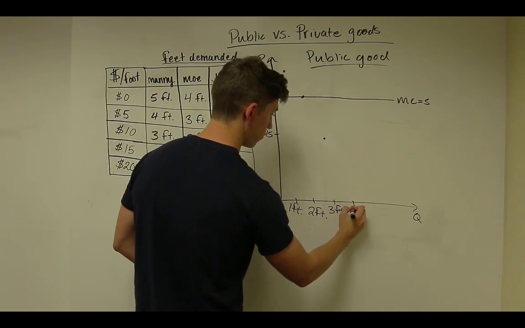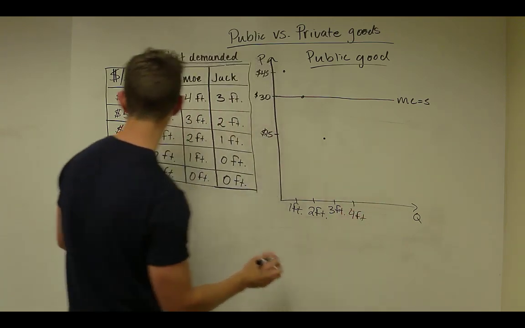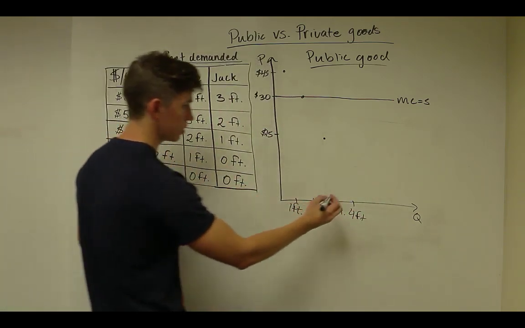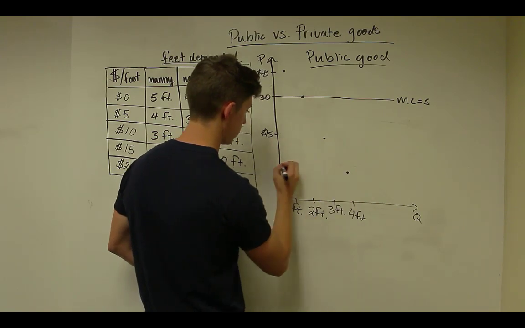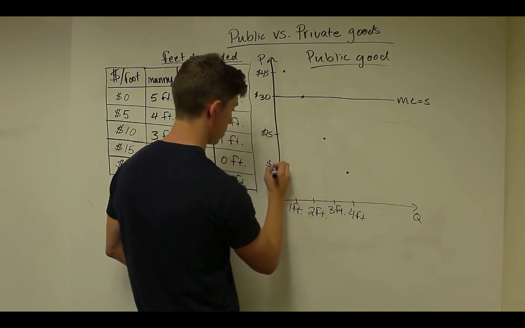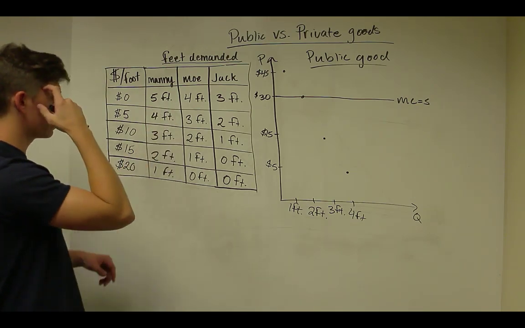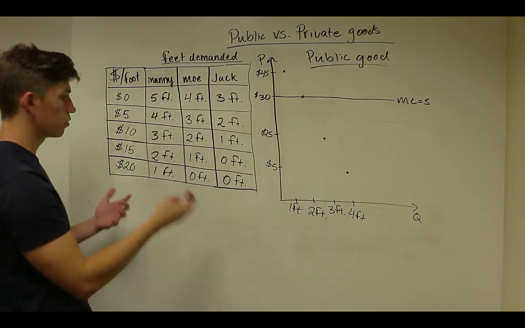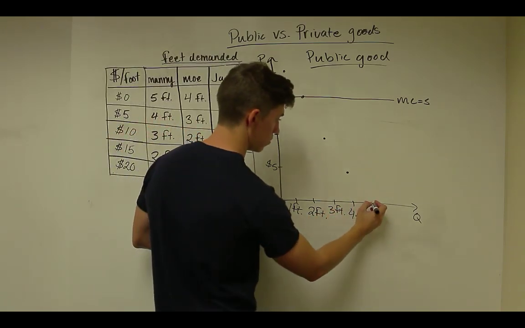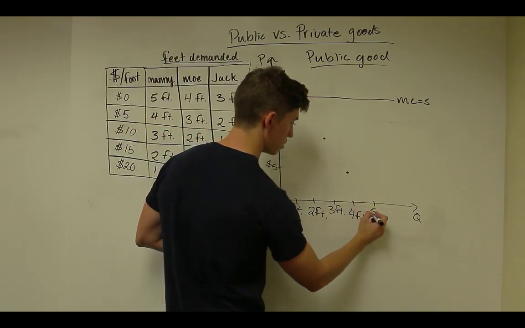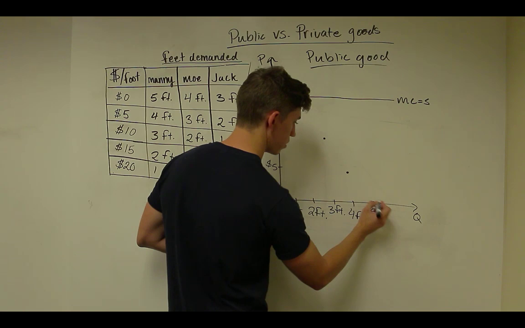Now we can do the same for 4 feet. At 4 feet, it's 5 and 0, so that's just going to be 5. And at 5 feet, no one benefits from it. No one would pay anything for 5 units, so that is just 0 here.